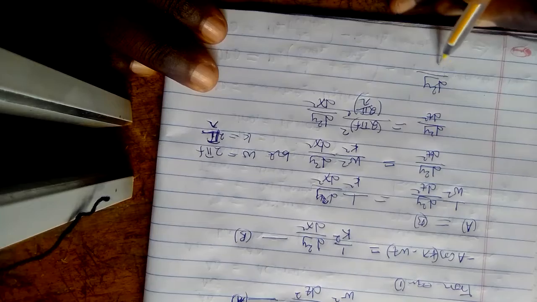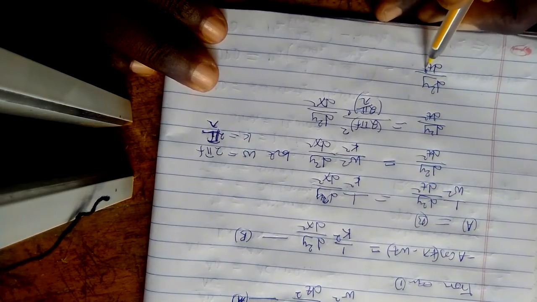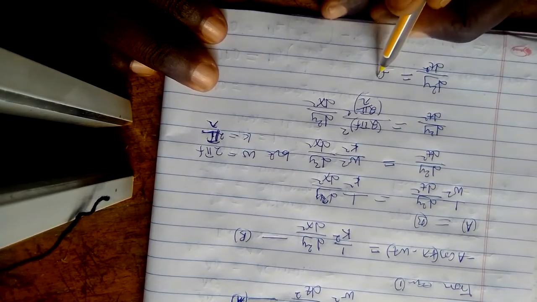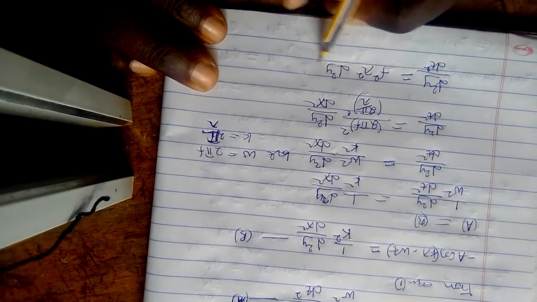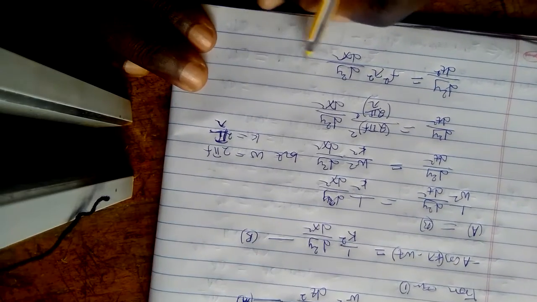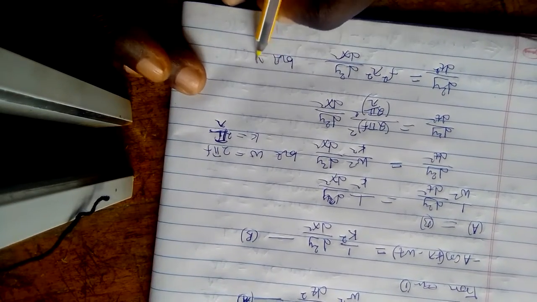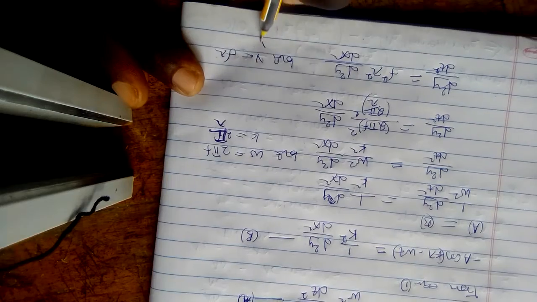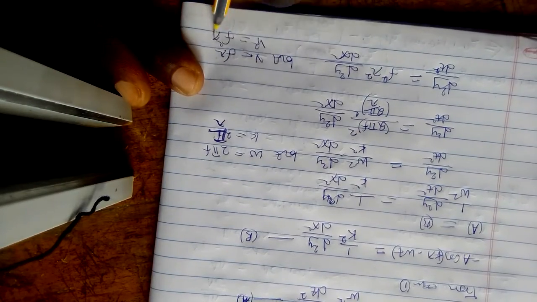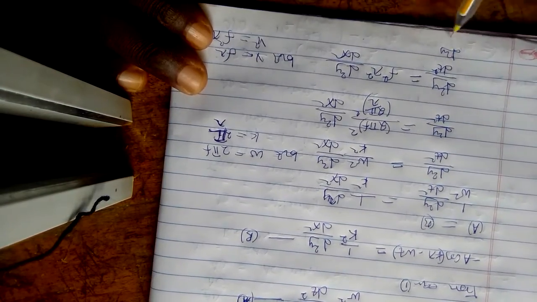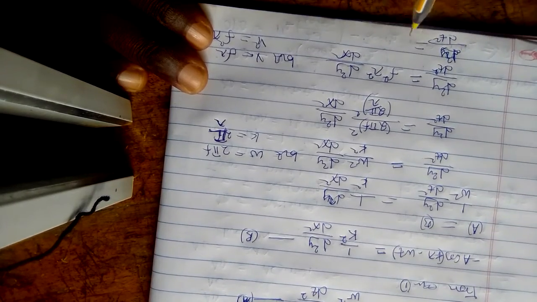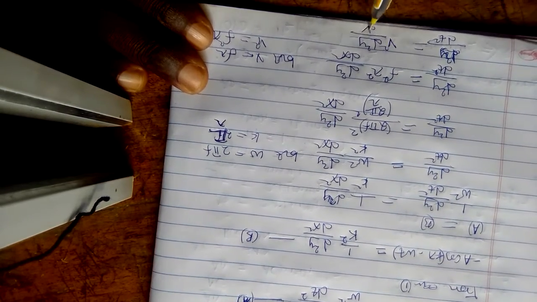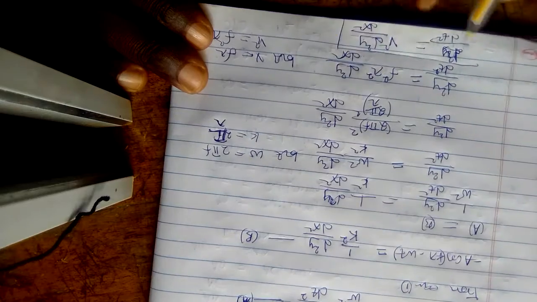Therefore d squared y/dt squared will be equal to f squared lambda squared d squared y/dx squared. But v is equal to f lambda, implying that v squared is equal to f squared lambda squared. Therefore we shall have d squared y/dt squared equal to v squared d squared y/dx squared, and this is actually what they wanted.